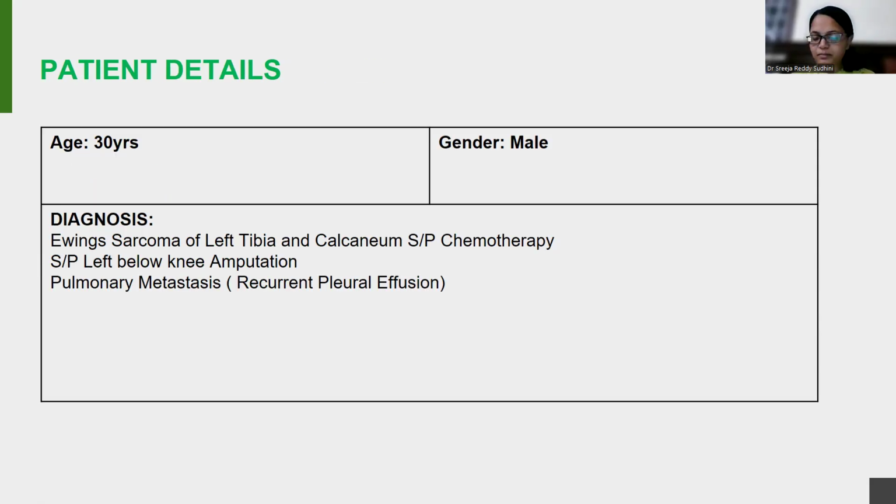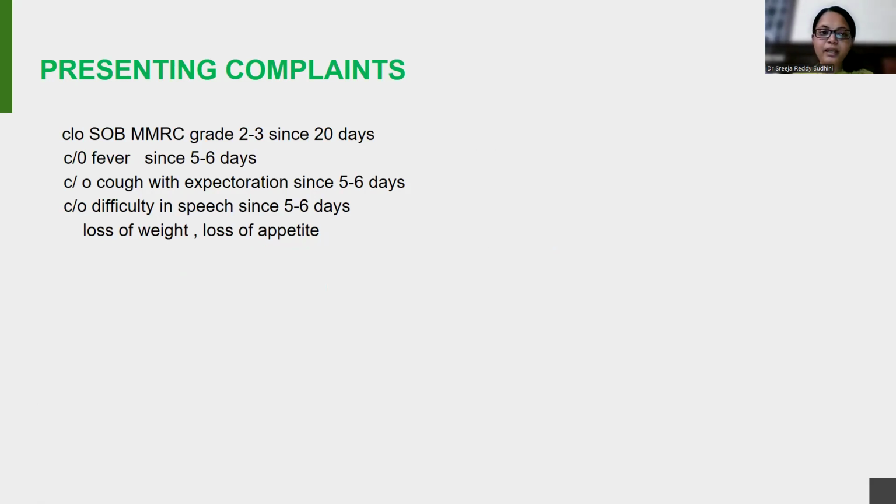The presenting complaints were shortness of breath, MMRC grade 2 to 3, since 20 days, and fever since 5 to 6 days, and cough with expectoration since 5 to 6 days. In this admission, the patient also has difficulty in speech since 5 to 6 days. There was significant loss of weight and loss of appetite.